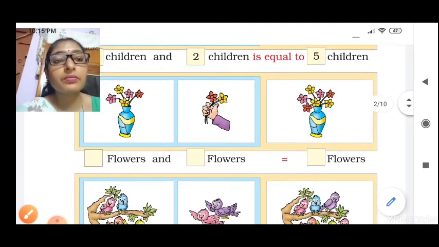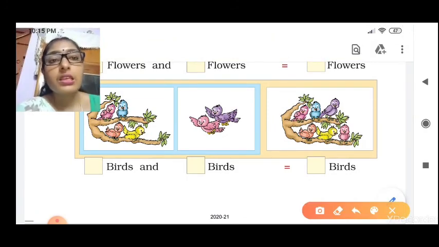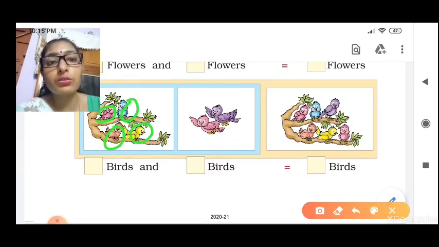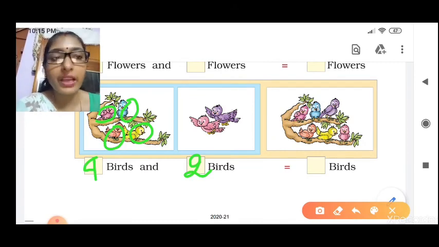Now next we will go. See here how many birds are there in this. Here 1, 2, 3, 4. So total 4 birds. In this, how many? 2 birds are flying. That means 4 birds are sitting on the branch and 2 birds are flying.